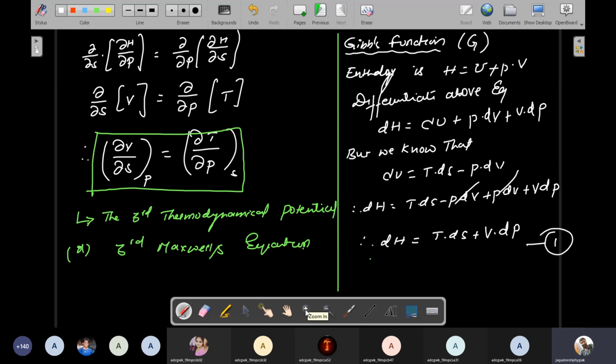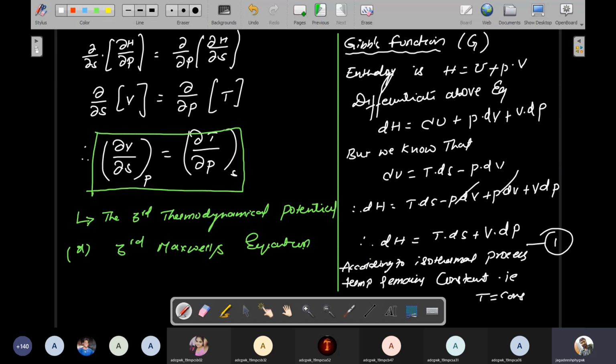Now again, for the Gibbs function we are using the isothermal process. According to the isothermal process, temperature remains constant, that is, T is equal to constant.